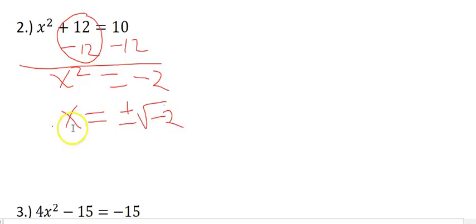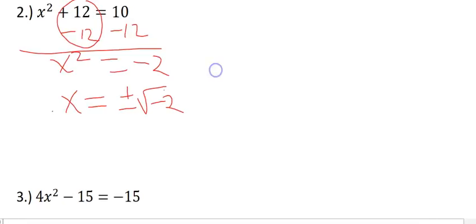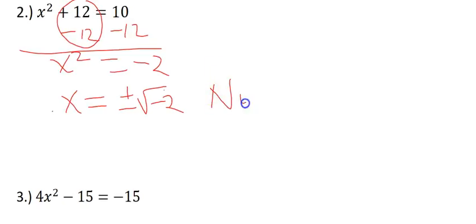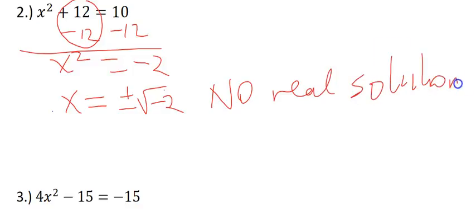If you remember, square root cannot be negative, for real numbers. So if you plug this into your calculator, it's going to show error. Whenever you get a negative inside the square root, there's no real solution.